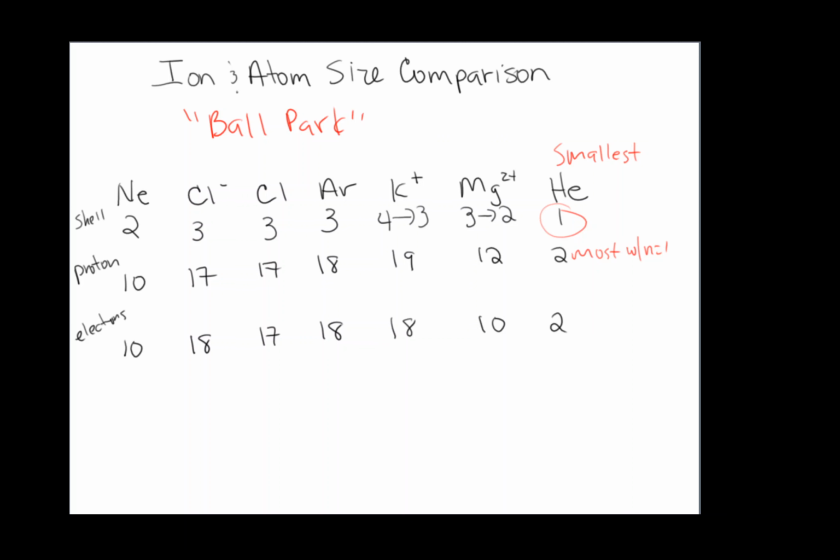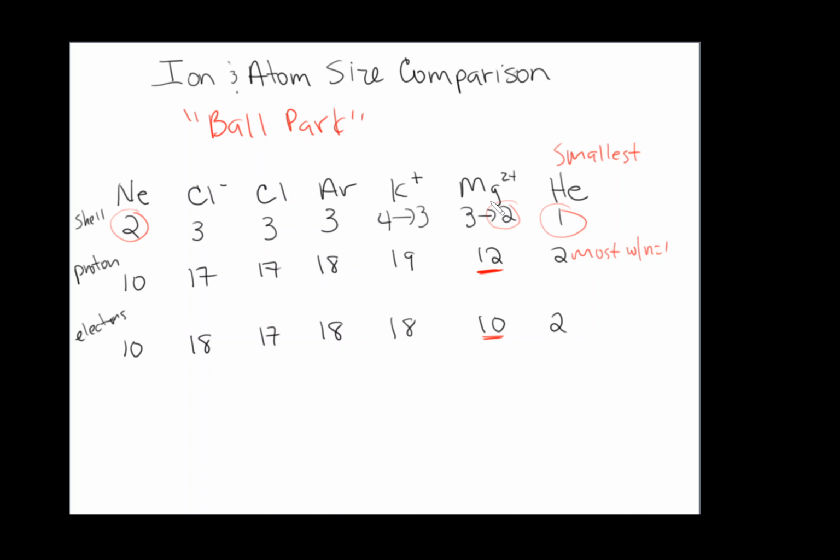Okay, then I have, let's see, it looks like an N equals 2. Is anybody else in the N equals 2? Oh ho ho, yes there is, so I need to do a comparison. So I have my neon. I have 10 protons pulling on 10 electrons. But over here I have what? 12 protons pulling on 10 electrons.